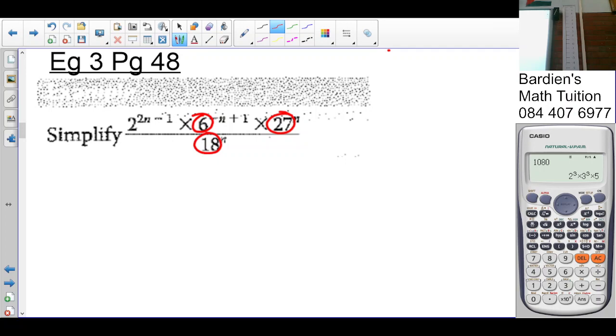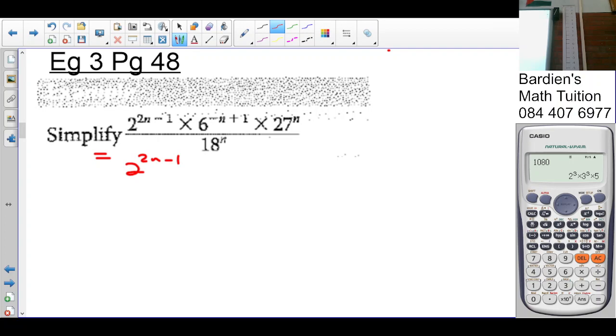All three have to be broken up. Okay? Then we get the answer. Go to page 48. Right. Let's do this. So this will simply be 2 to the 2n minus 1.